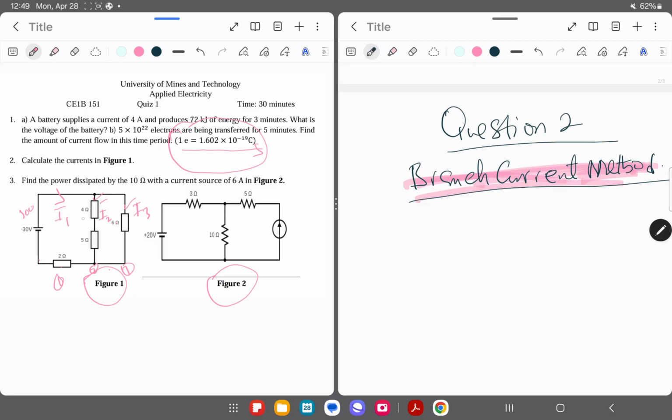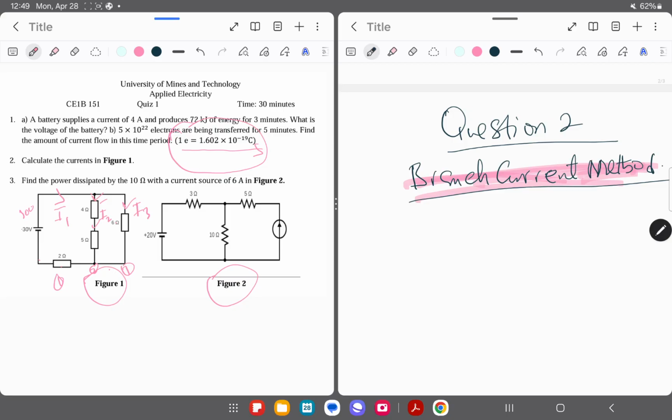You can see the current going through the 4 ohms resistor is I2, and it is again I2 through the 5 ohms resistor, and then through the 6 ohms resistor we have I3.